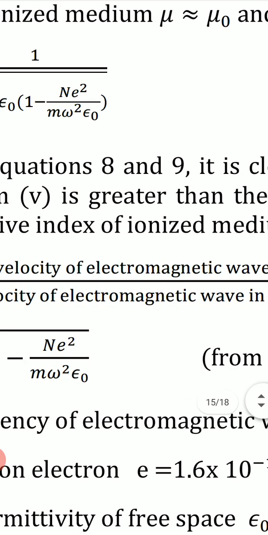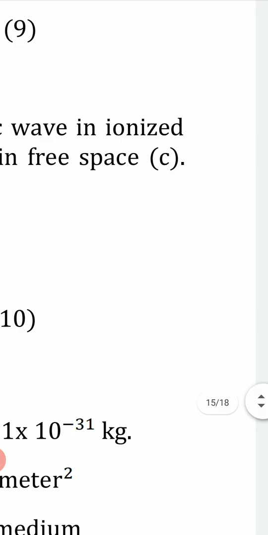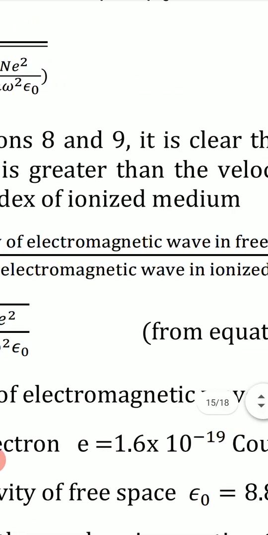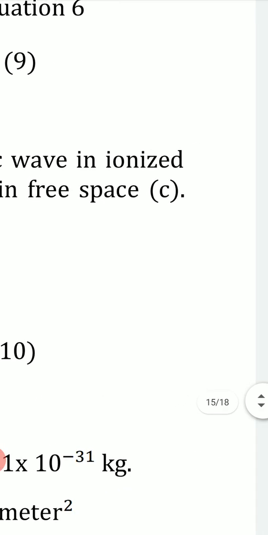From equation 8 and 9, it is clear that velocity of electromagnetic wave in ionized medium is greater than the velocity of electromagnetic wave in free space.